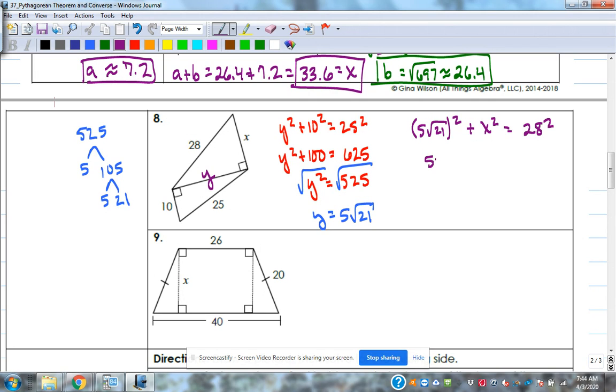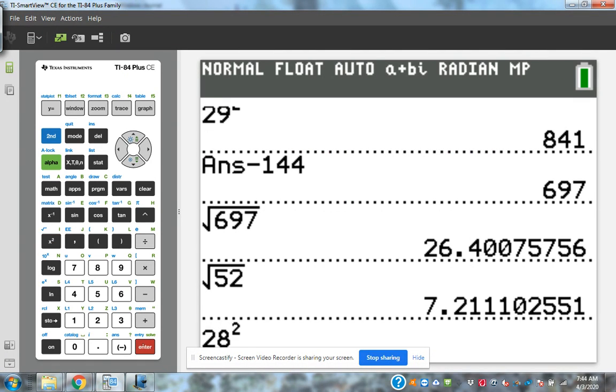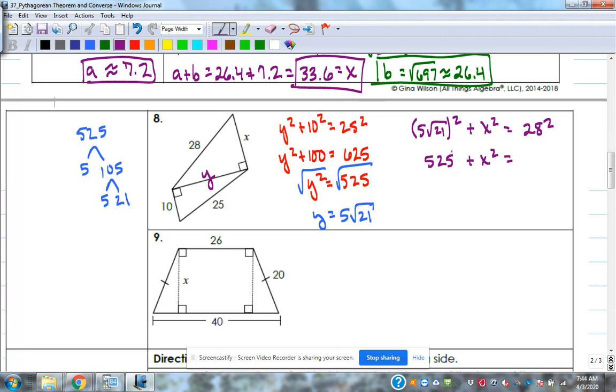So this is going to be 525 plus x squared, and 28 squared is 784.